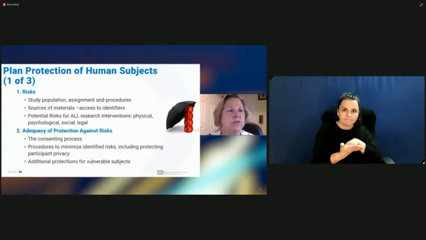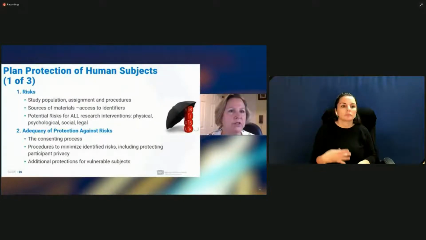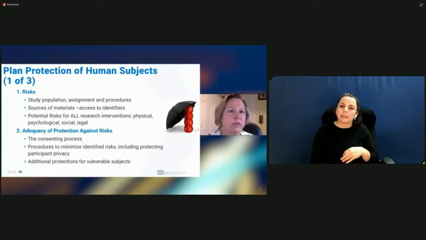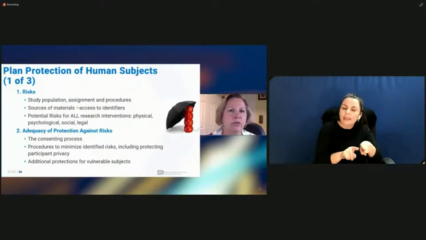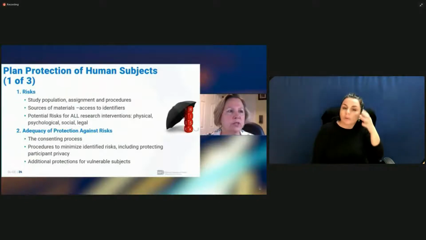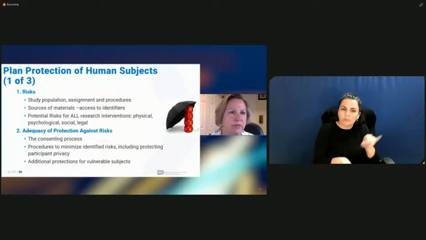And then in terms of adequacy of protection against those risks, you'll certainly want to describe the informed consent process, if you're getting informed consent, and if you have children, if you're going to be getting assent. And then you're going to want to talk about the procedures that you're going to use to minimize the risks that you have identified.